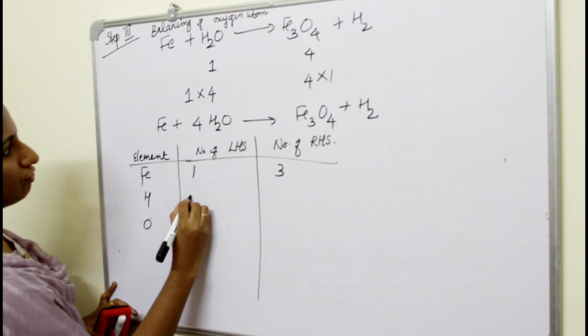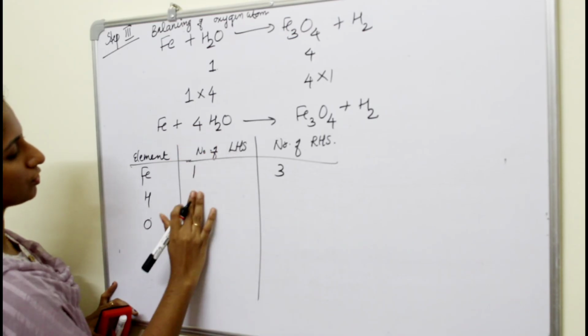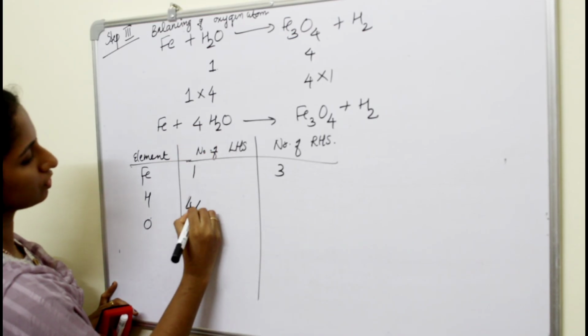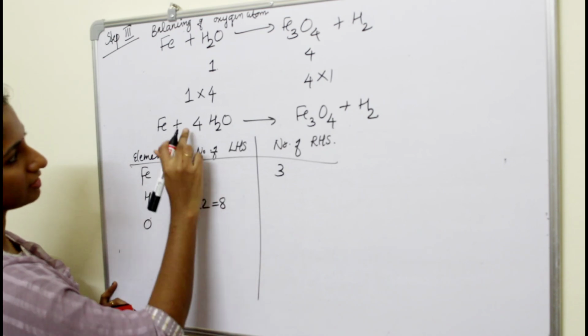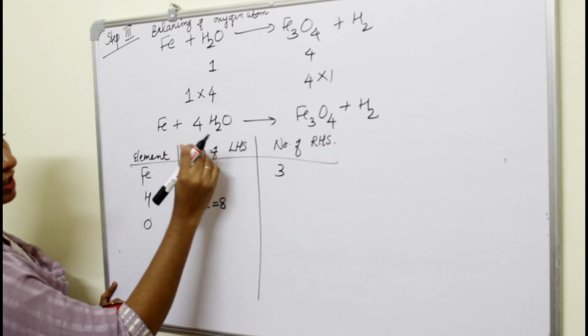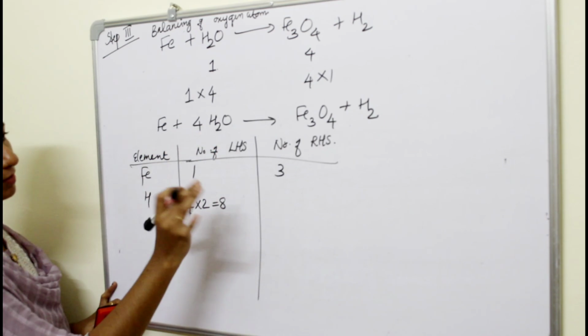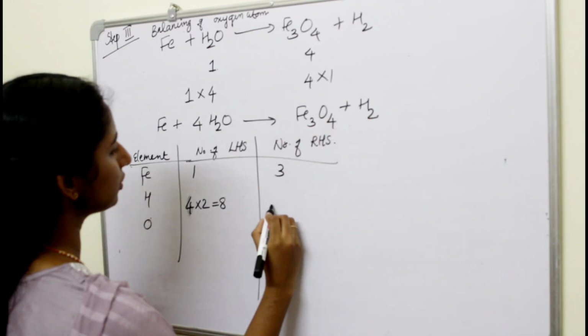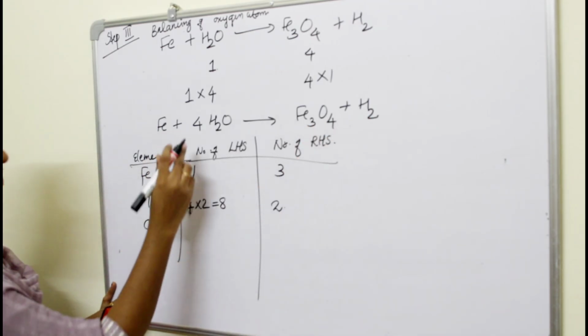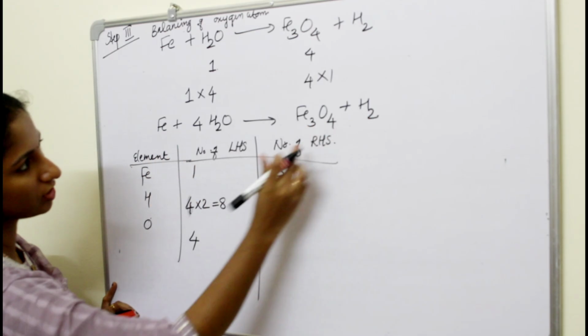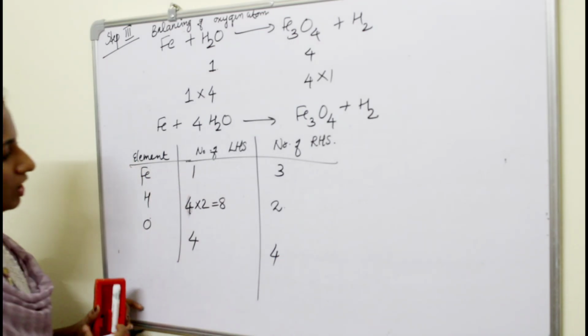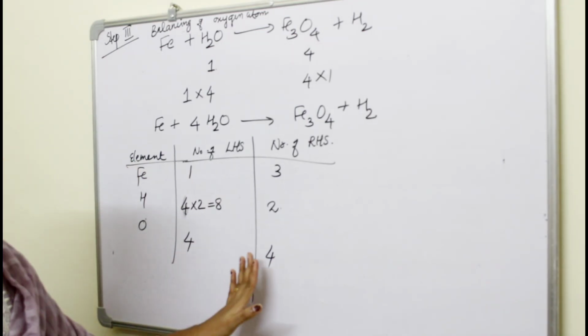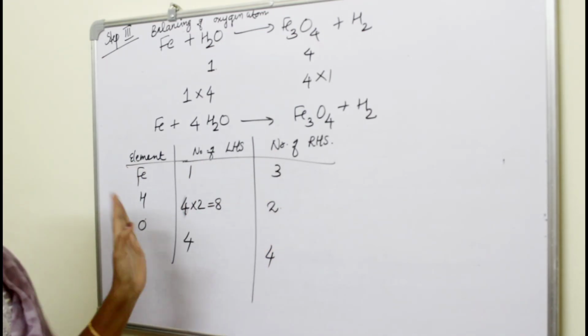Hydrogen, here we have 4 into 2, that means 8 hydrogen atoms, and here we have only 2. And in case of oxygen, here we have 4 oxygen atoms, here also we have 4 oxygen atoms. So now the number of oxygen atoms in left hand and right hand sides are equal.